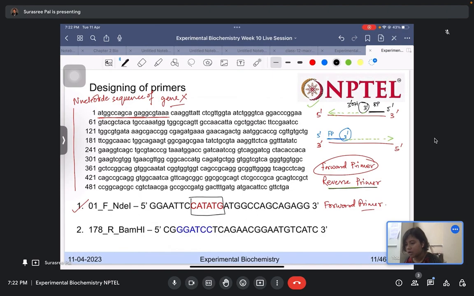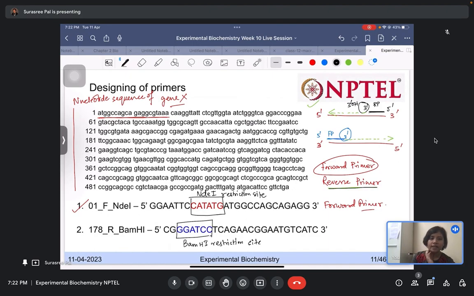So this is the restriction site for NdeI enzyme, which is why I have named the primer forward NdeI, and the reverse primer contains the BamHI restriction site. So these sites can be recognized by the enzymes NdeI and BamHI, right? And they can be digested from this place.